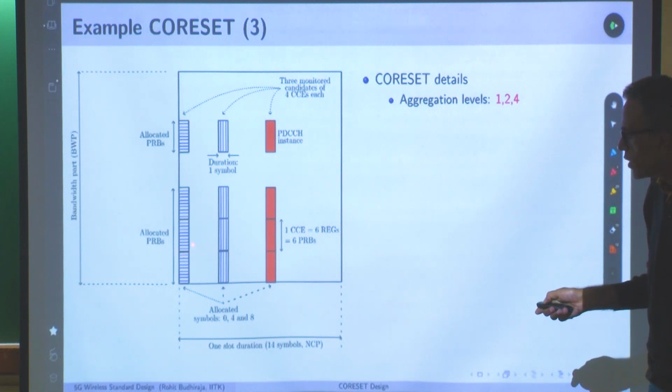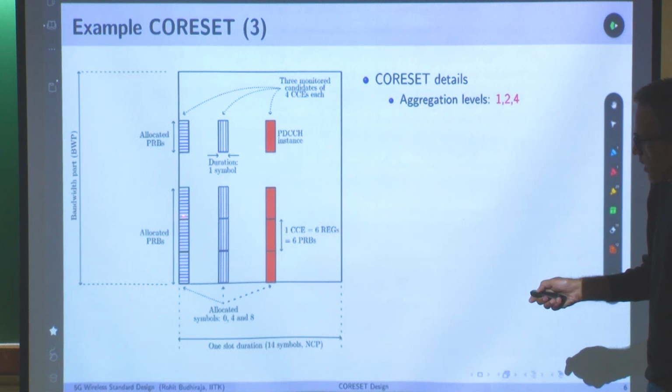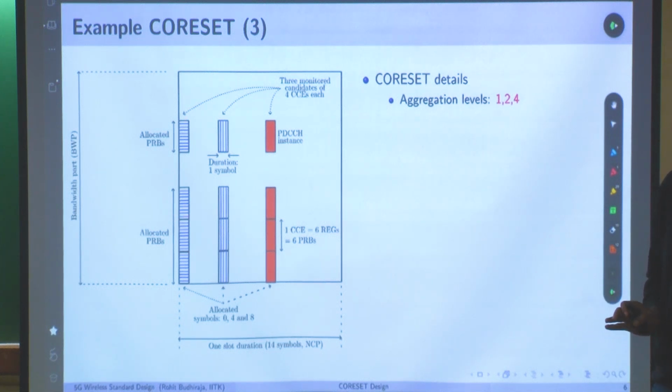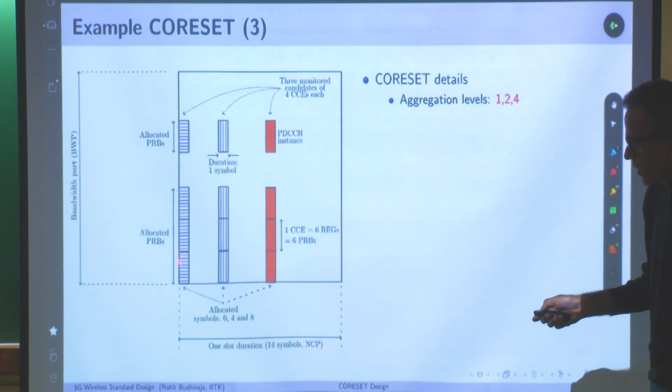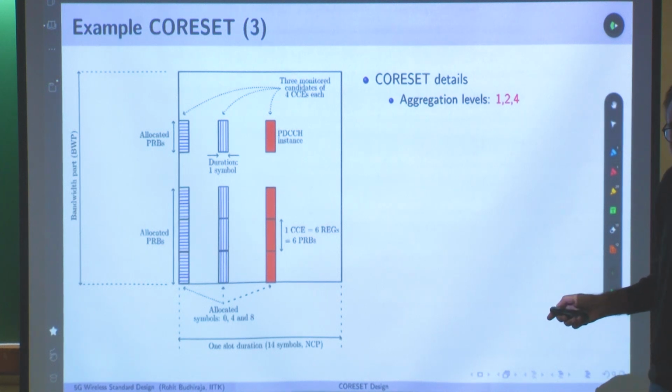So aggregation level 2 can begin only at an even location: 0, it'll go here, and then it'll go here. Aggregation level 1 can begin at any CCE location, but aggregation level 2 will begin only at this location or this location. If it is aggregation level 4, it begins only at this location in this Coreset. It doesn't begin from here, it doesn't begin from here. You did not ask me this question, but that's how the Coresets are defined. We'll discuss this aspect later, where it can begin.